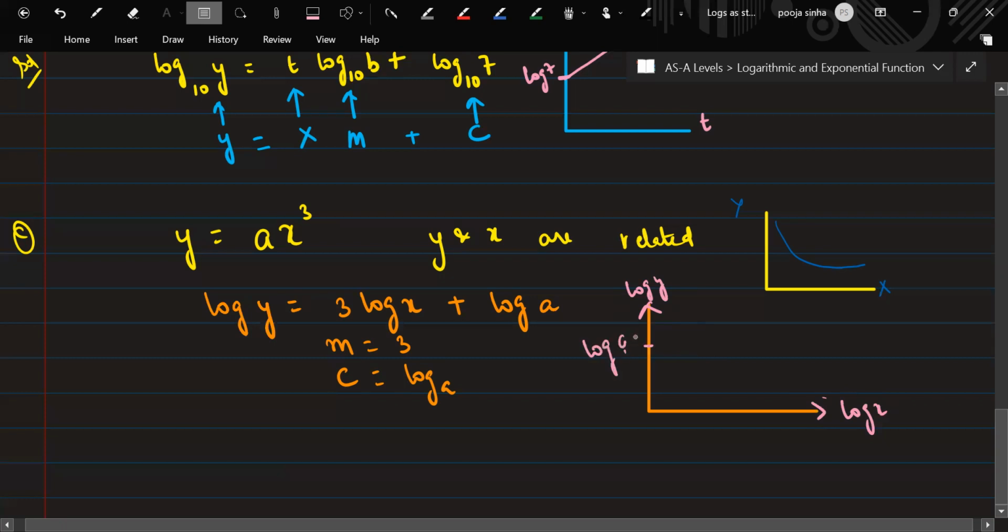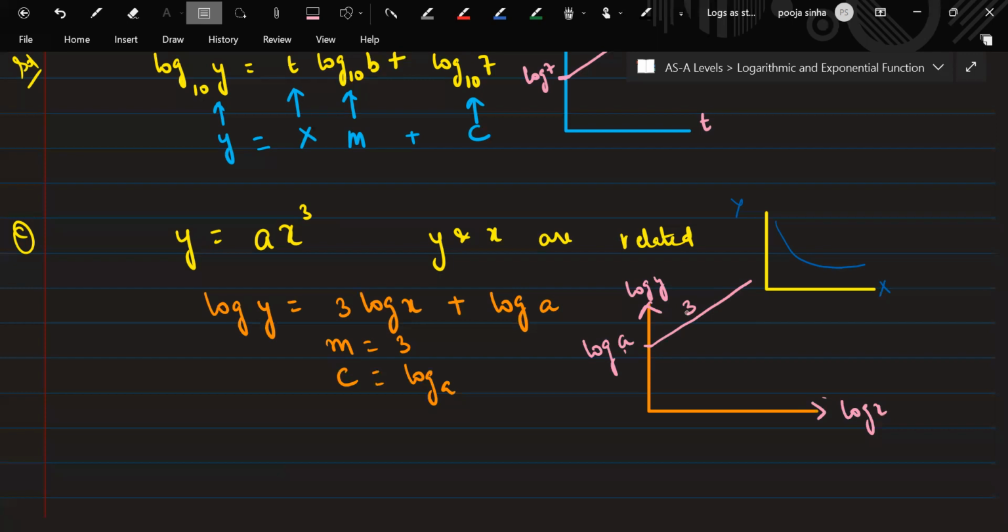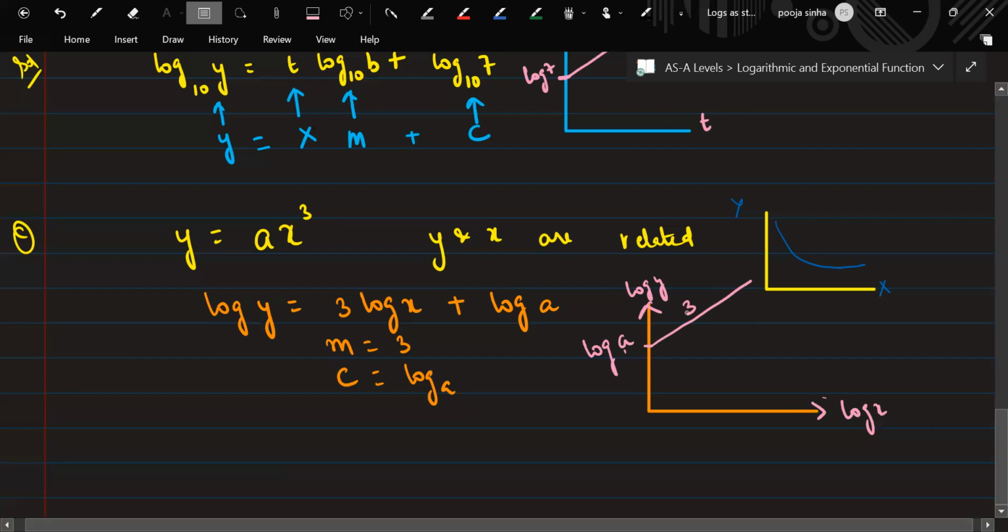Log A. And what will be the gradient? 3. Got it now? So we don't have to measure it or anything. We'll just write it down like this. For such questions, we just have to leave it like this, nothing else.